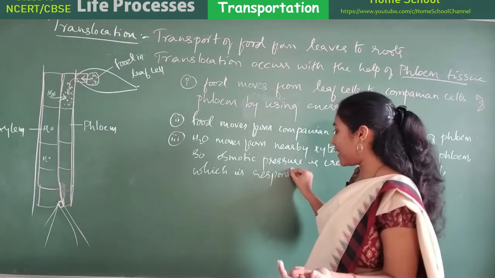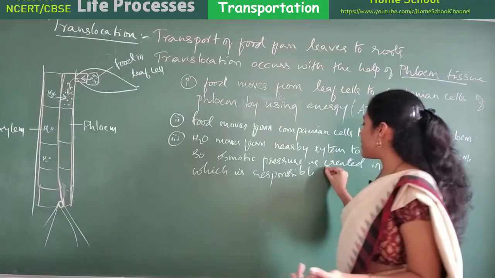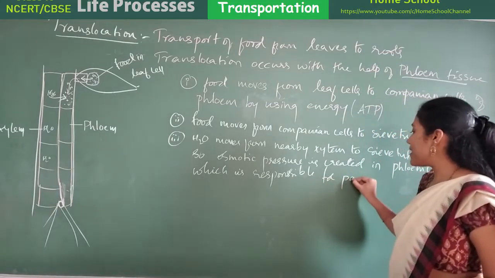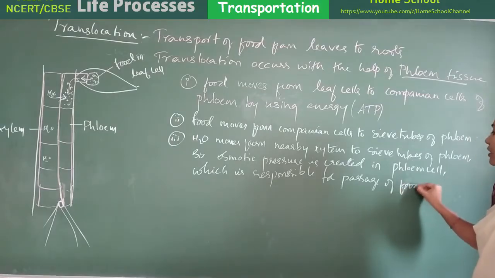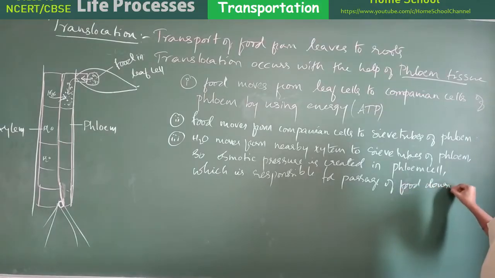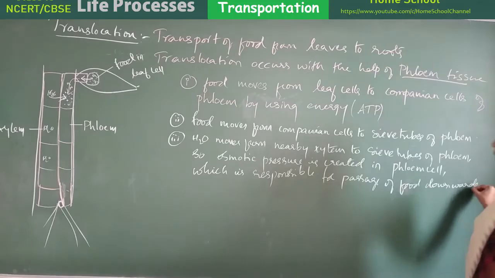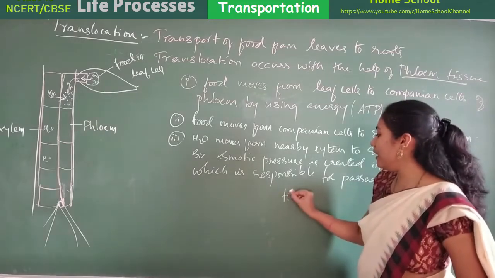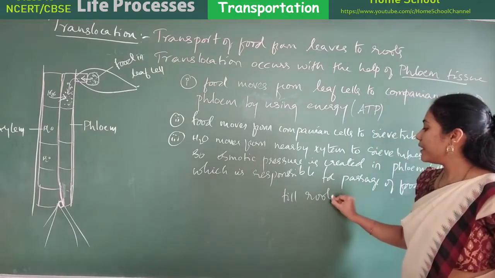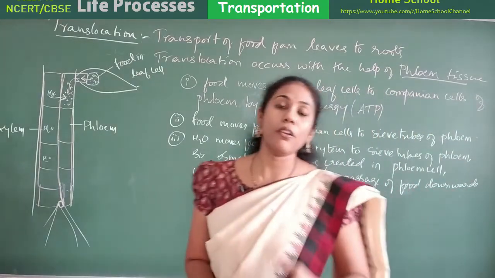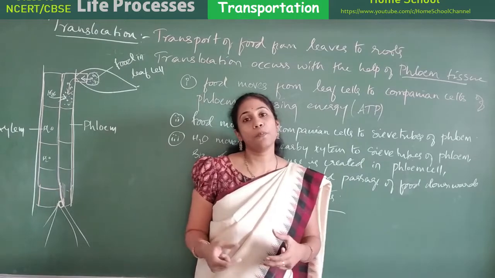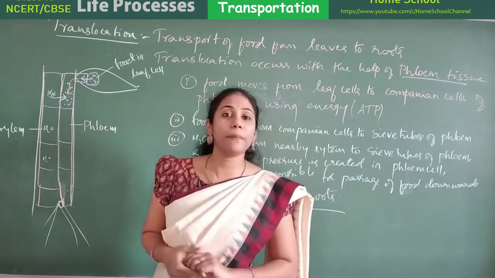That osmotic pressure is actually responsible for the passage of food downwards, till the roots. So these are the three steps of food transport in the case of phloem tissue.